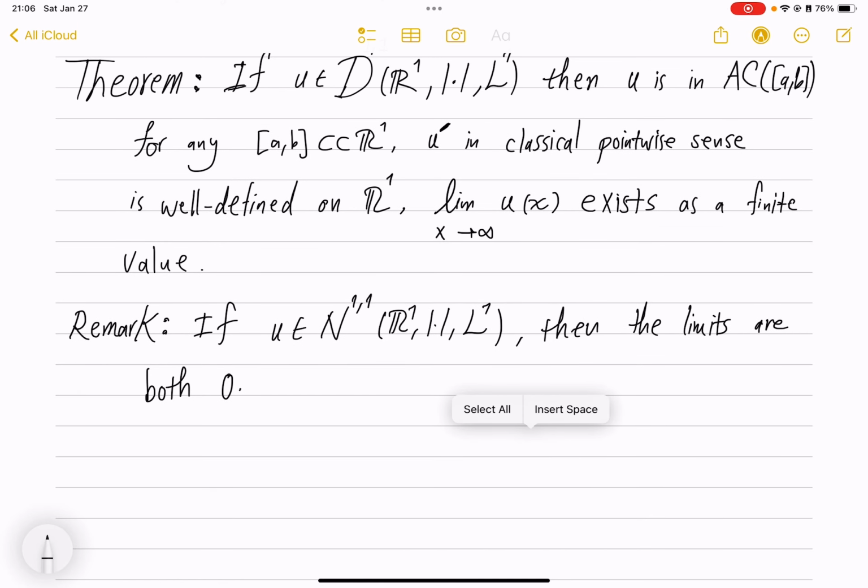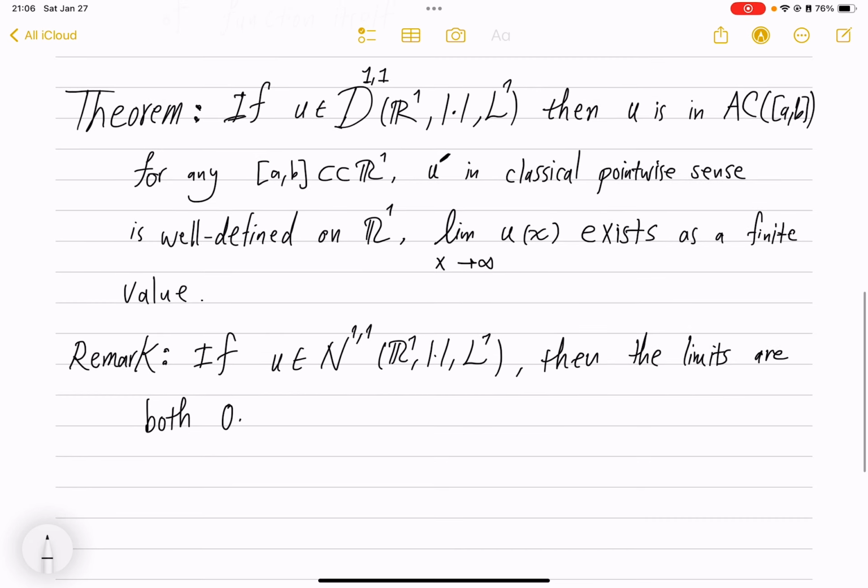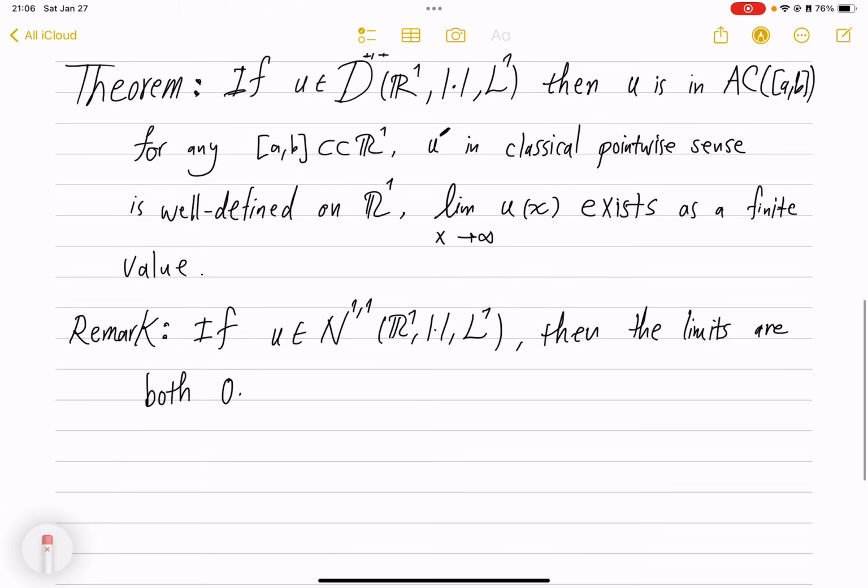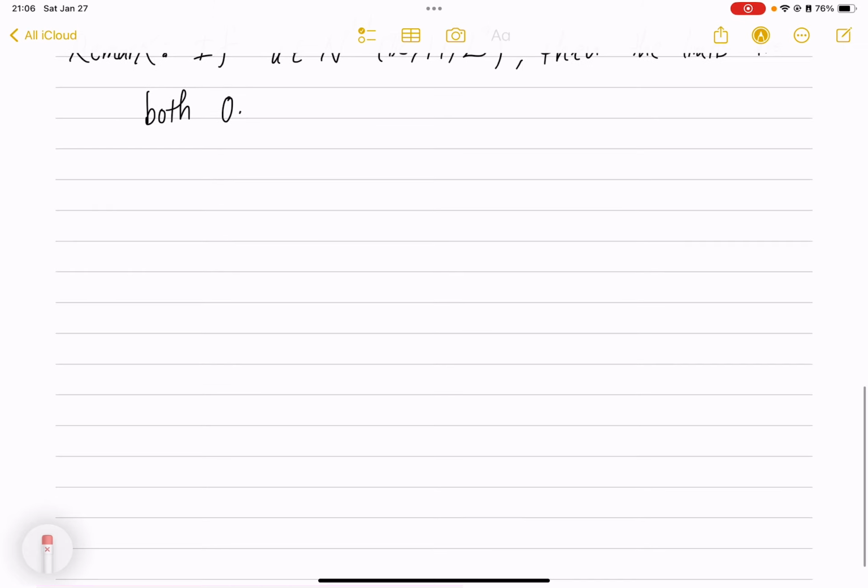We don't need to prove that this u prime is well defined. This is simply because the function is in AC. This part, that it does belong to AC, well, let's see that.